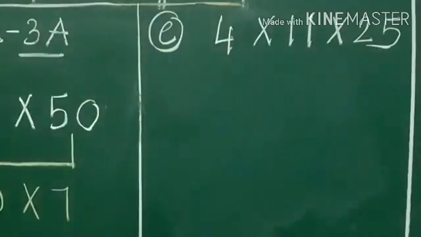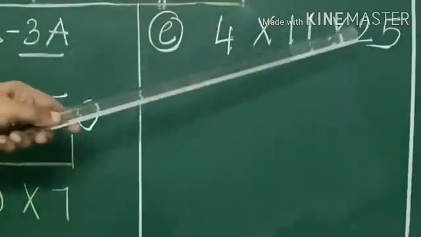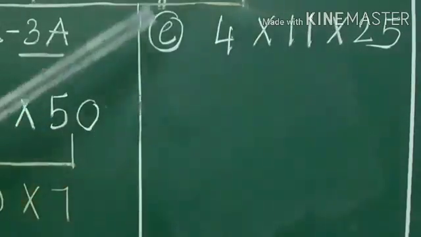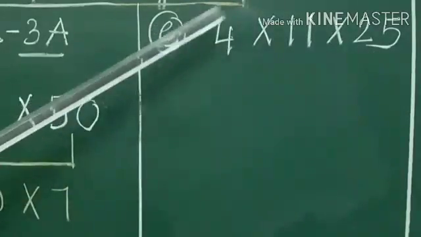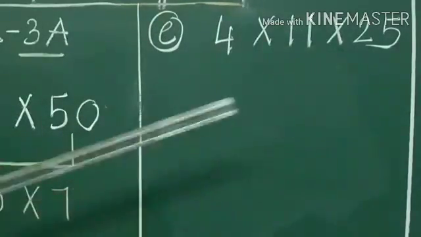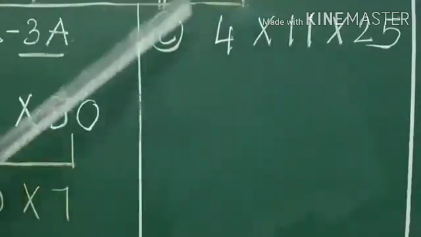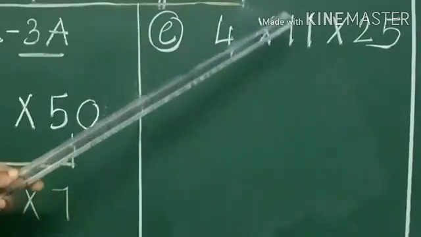What is it? It's nothing but 4 into 11 into 25. Here also there are three numbers, so I have to use only the first strategy. Now here I will select 4 and 25 because 4 into 25 is 100. So always select like this children: the two numbers you multiply should give 100, so that it will be easy for you to multiply the third number.